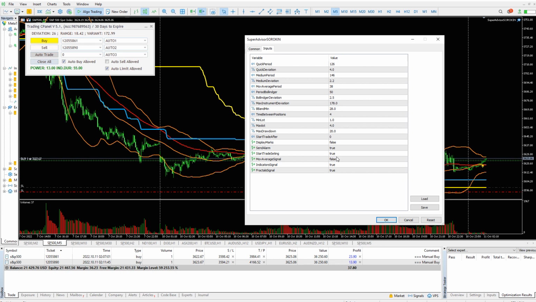Start trade setting: if it's true, it will be manual trade. If it's false, it will start with automatic trades when you execute.